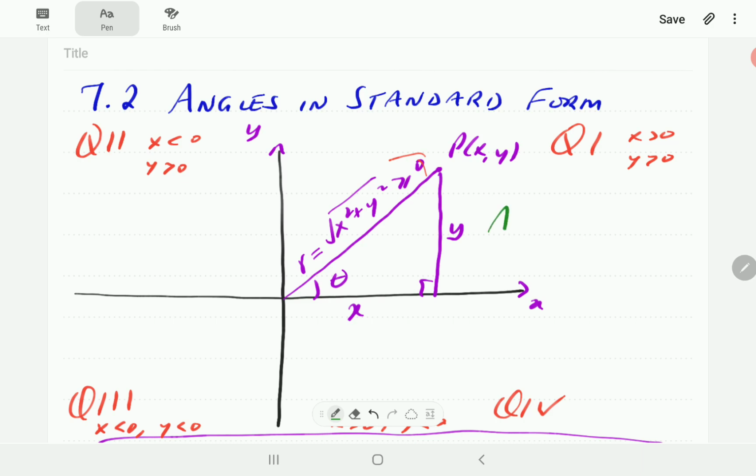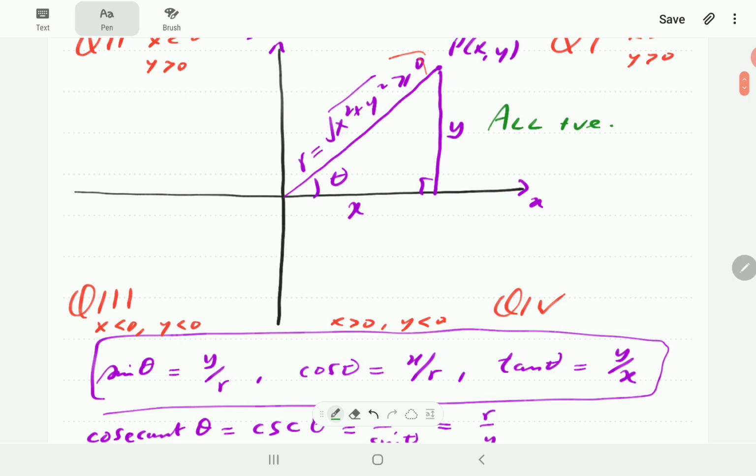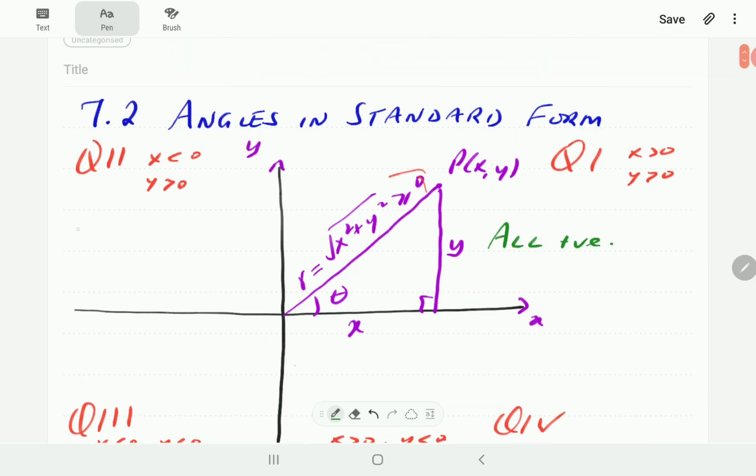In the second quadrant, x is now negative. So this one is still going to be positive. This one is negative. This one is also going to be negative because x is negative. So in the second quadrant, only sine is going to be positive.